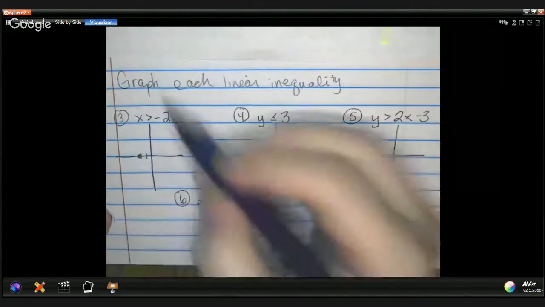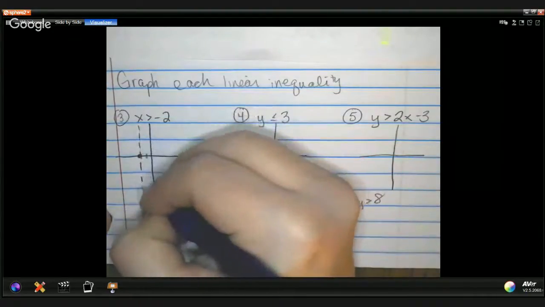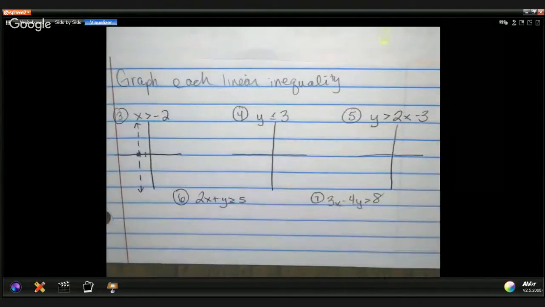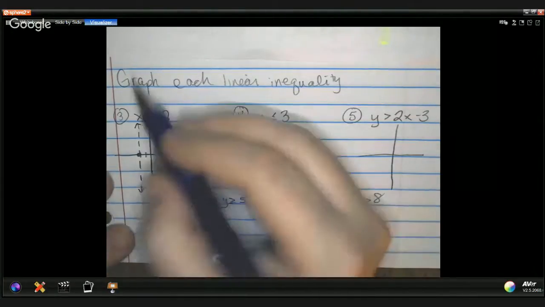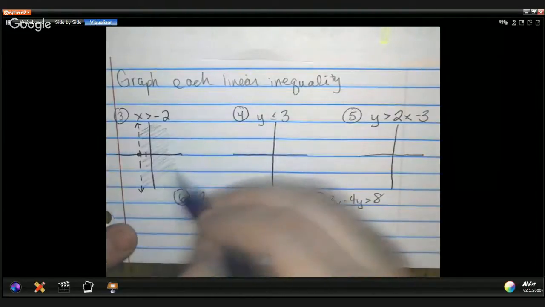This should be a dotted line, so it's a dotted vertical line. And this is the only situation when you're ever going to shade left or right, because I can't shade above or below. The only time you shade left or right is when it's an x. It says greater than, and my bigger numbers for x are on the right-hand side.